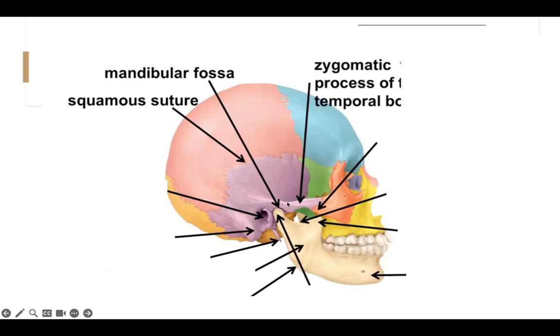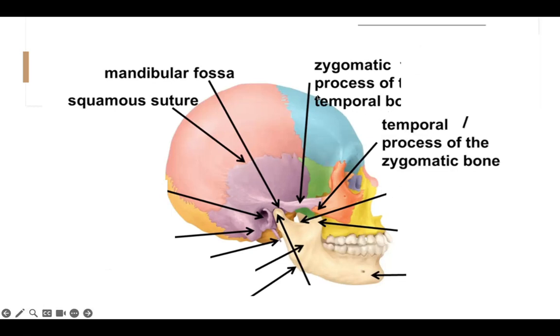Okay, so still referring to the temporal bone, we have the zygomatic process of the temporal bone. All right, now on the zygomatic bone, which if we remember is our cheekbone, we have the temporal process of the zygomatic bone.